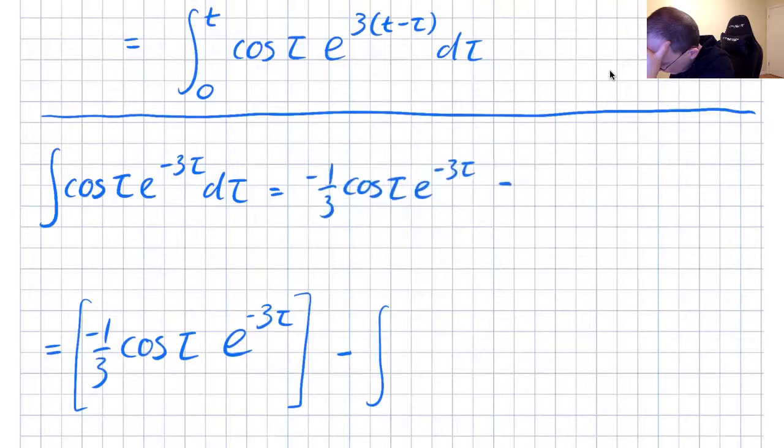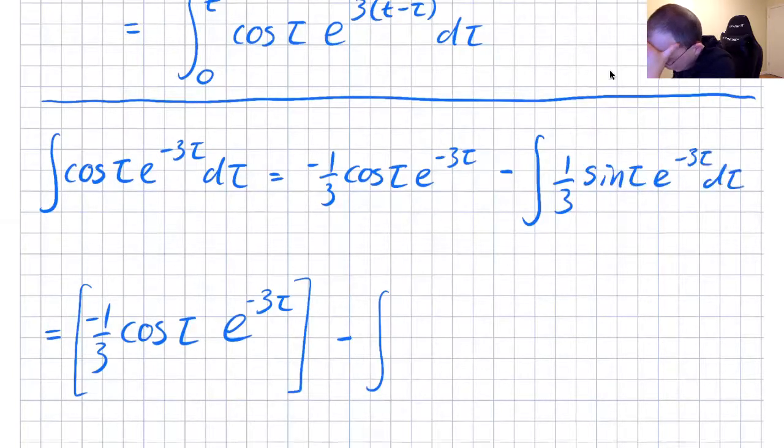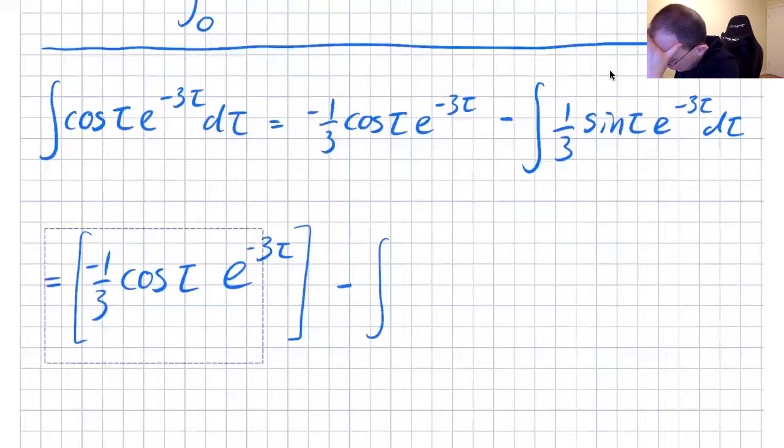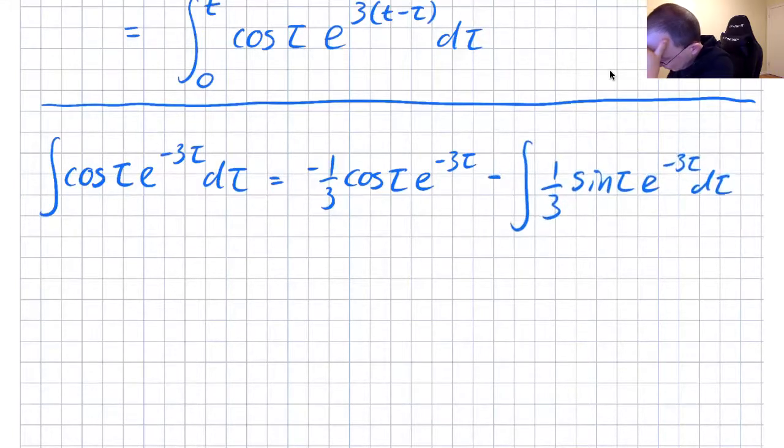So it'll be that minus integral of, now I take the derivative and I get 1/3 sine tau e to the negative 3 tau d tau. Okay, good. All right. That looks really good.